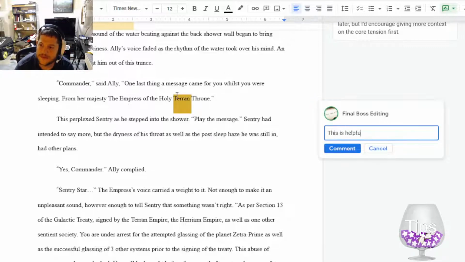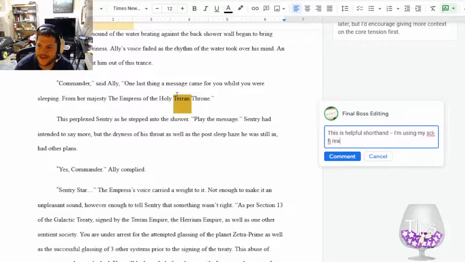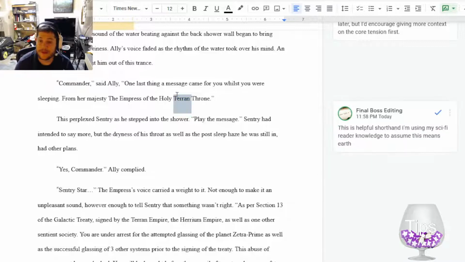This helpful shorthand. I'm using my sci-fi reader knowledge to assume this means Earth. Maybe I'm wrong, totally valid, but at least that's where some of the shorthand language is going to lead me, right?